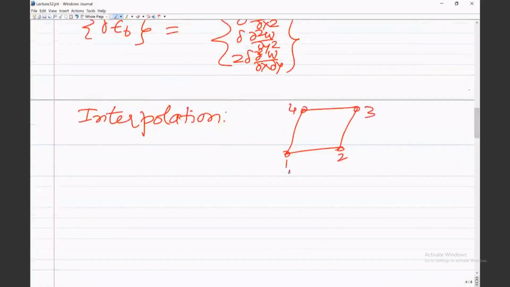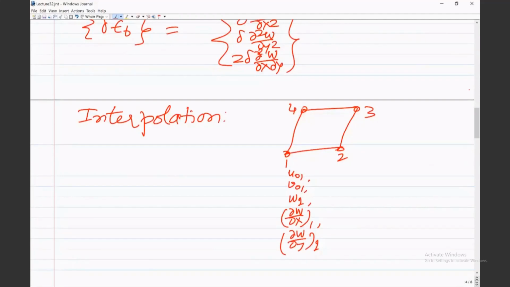The degrees of freedom at each node are u01, v01, w1, del w by del x at 1, del w by del y at 1. So this will be non-conforming basically in w. You remember we have discussed how this element is non-conforming.